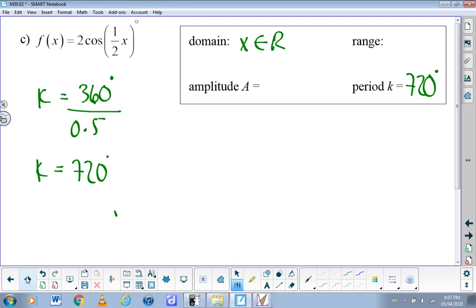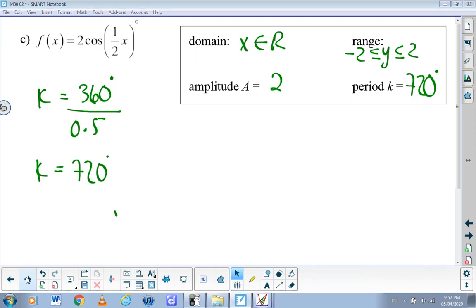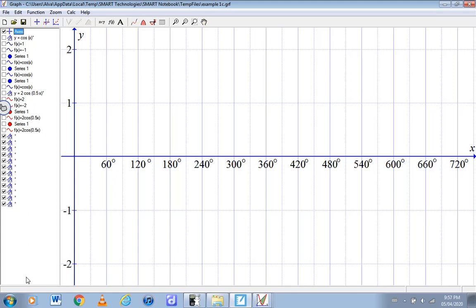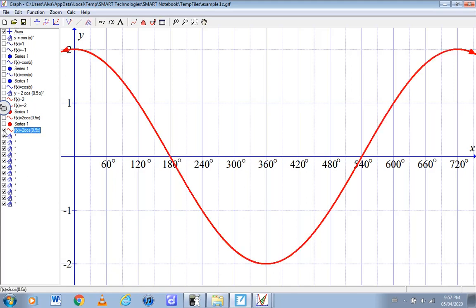This graph is going to go up to positive 2 and down to negative 2 because of the vertical stretch factor. So the amplitude is 2. The range then is negative 2 to 2. And I can show you that graph. There it is.